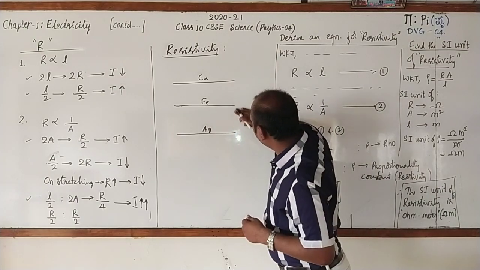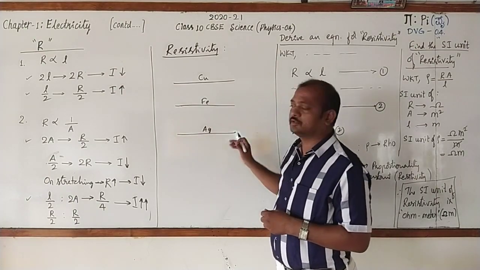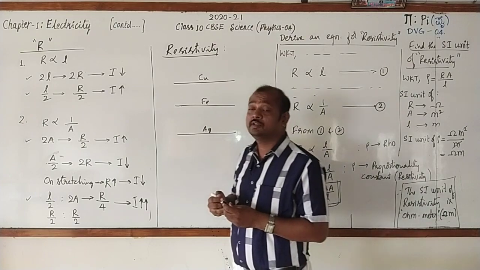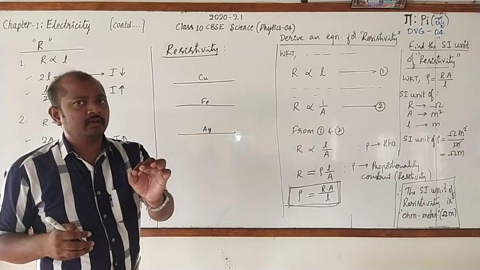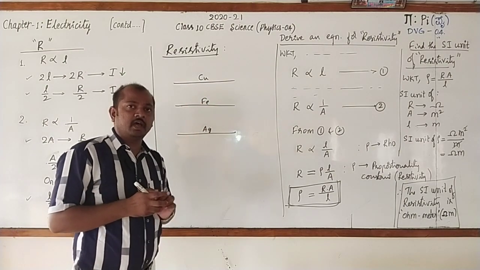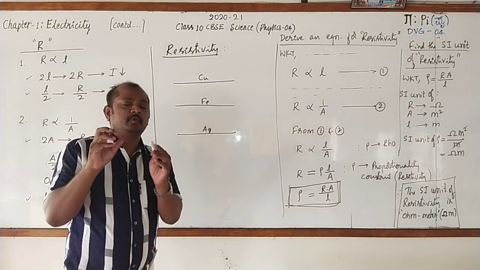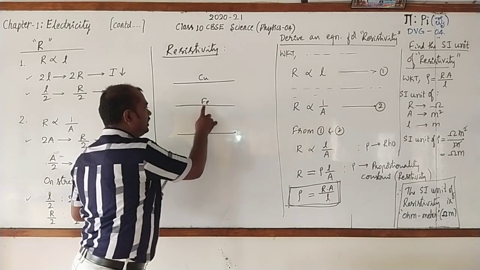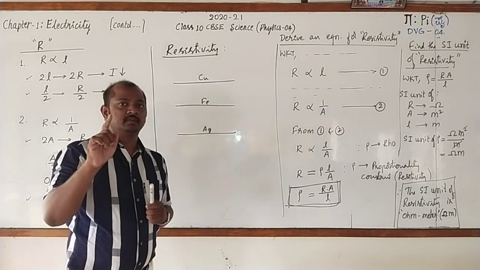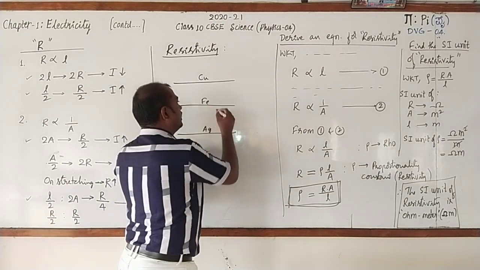See that? All are of the same length and their area of cross section is also the same. Then could you tell which of these three will oppose more to the flow of electrons? Copper, iron or silver? Yes, it is iron.